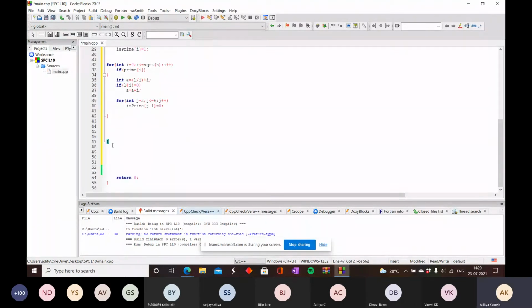So after you finish crossing out the elements, now you'll run a for loop for int I equal to L, I less than or equal to h, I plus plus. And here, if the element is a prime number, then you would output it. And so yeah, that's what you're going to do here.